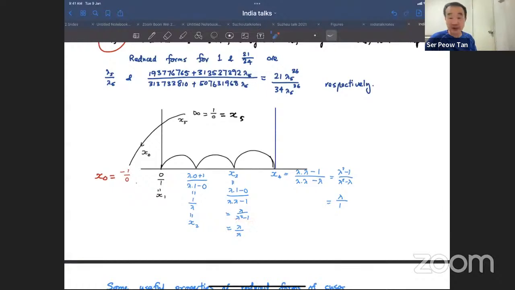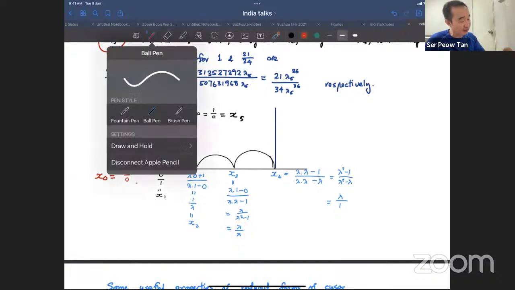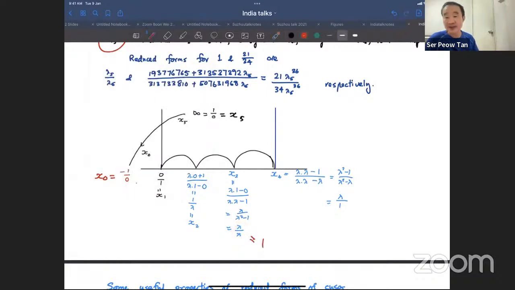But remember, lambda squared is equal to lambda plus 1. So this is actually equal to lambda over lambda. So this thing here is actually equal to 1, right? So this is how you can see that the reduced form for 1 is lambda over lambda. The next one is x4. You take lambda times lambda minus 1 over lambda times lambda minus lambda.